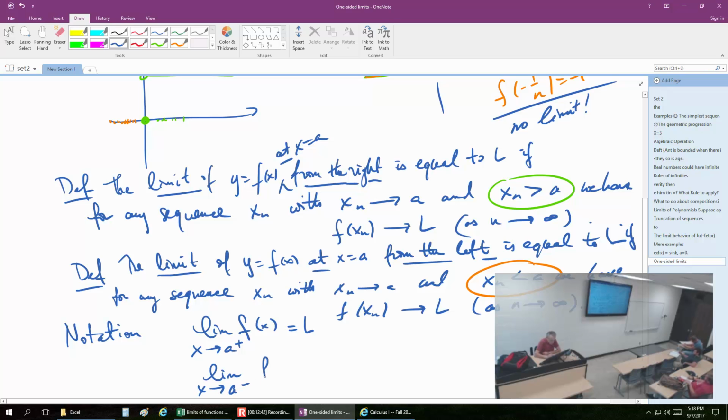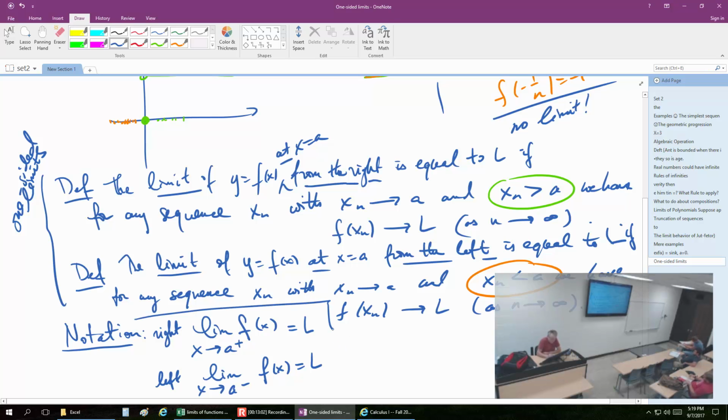Alternatively, a minus, that is from the left. So right, left. They are also called one-sided limits. Let me separate this. Another way to put it is f of x.